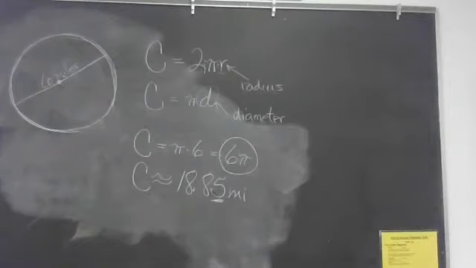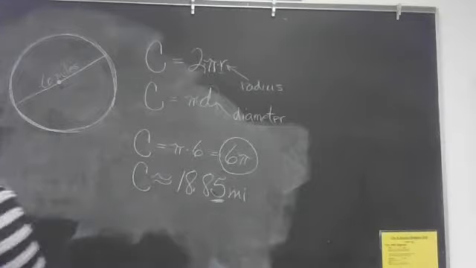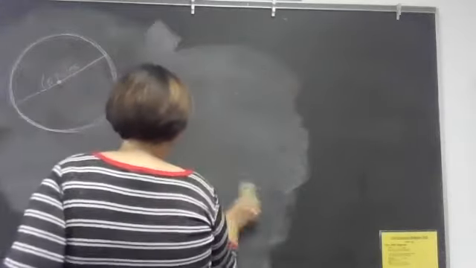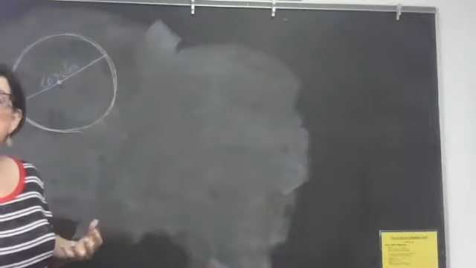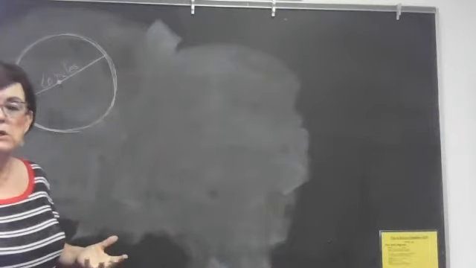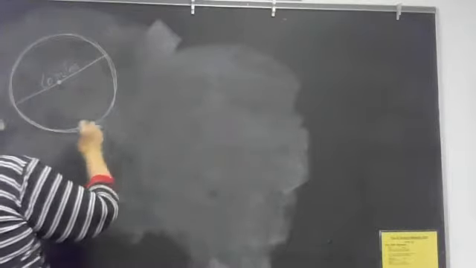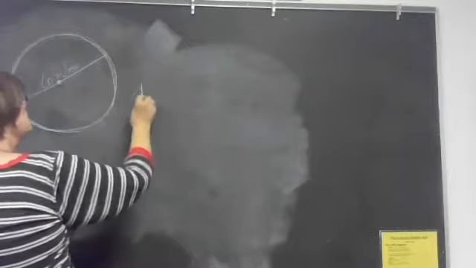Okay, now what if you have a problem and they give you the diameter, but you don't have a formula that has a diameter in it, and you need to know the radius. So the diameter here is 6 miles.